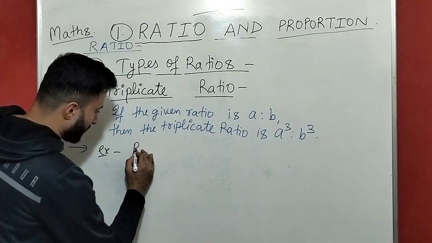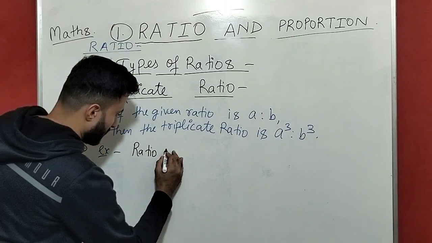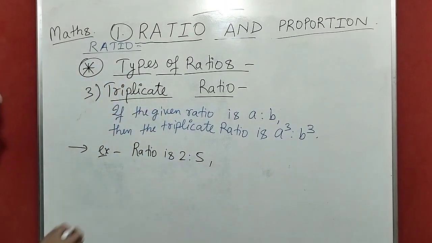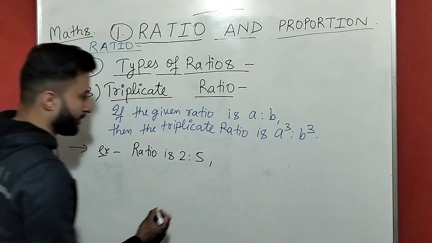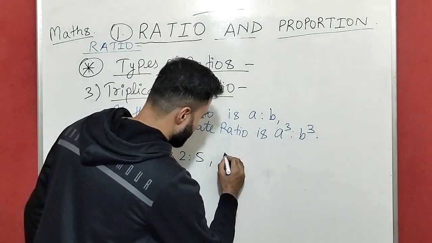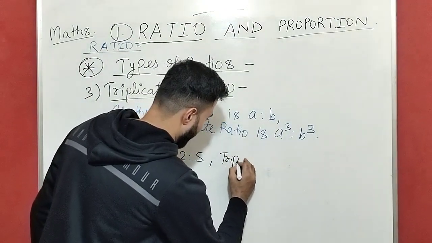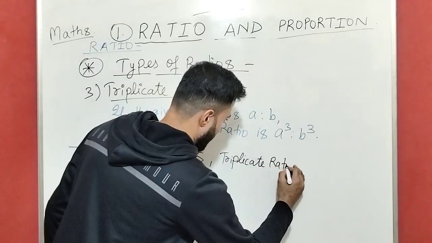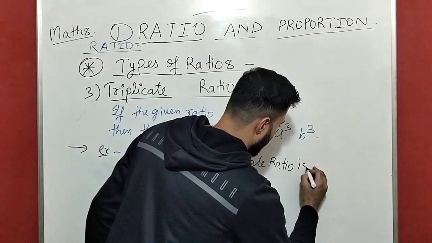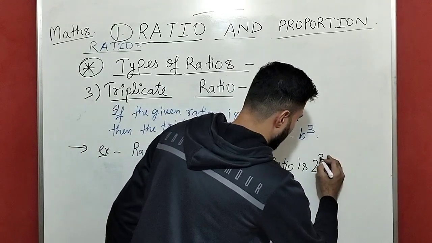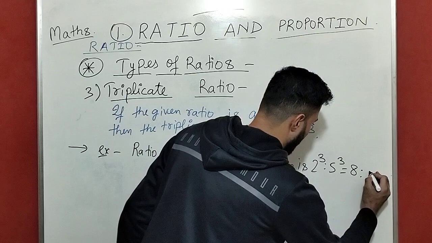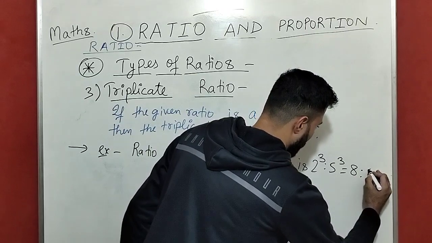Suppose the ratio is 2:5. Then for the triplicate ratio we have to do the cube. So 2 cube is to 5 cube. 2 cube is 8, is to 5 cube is 125.